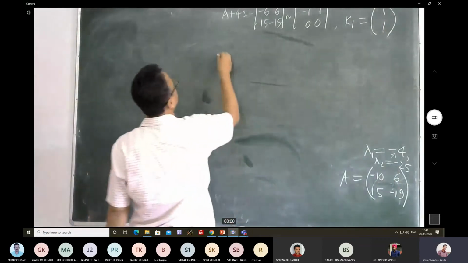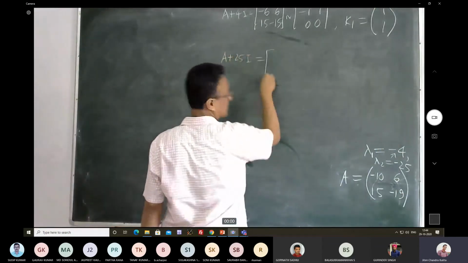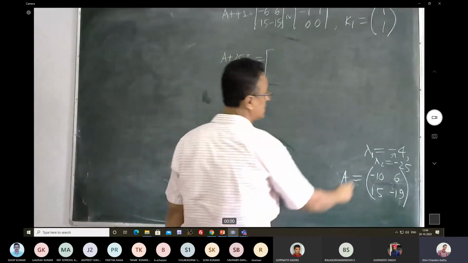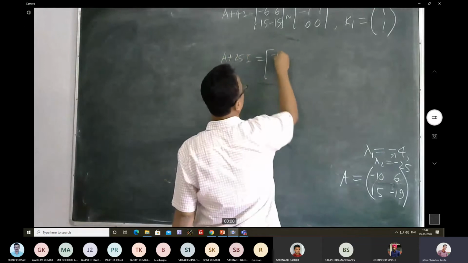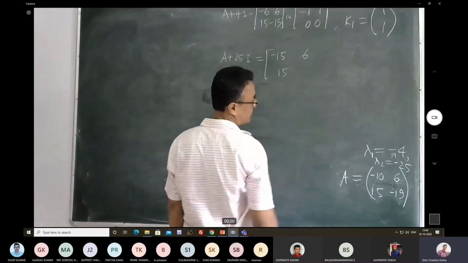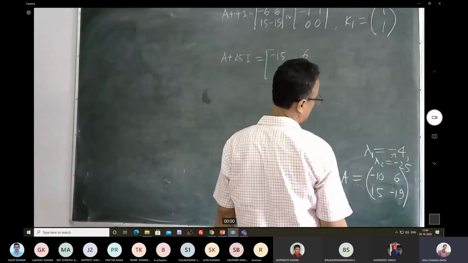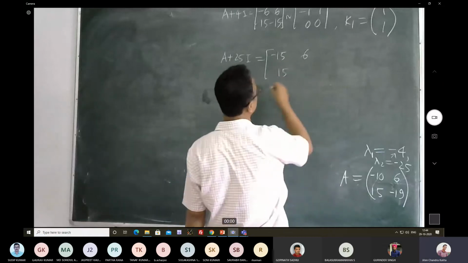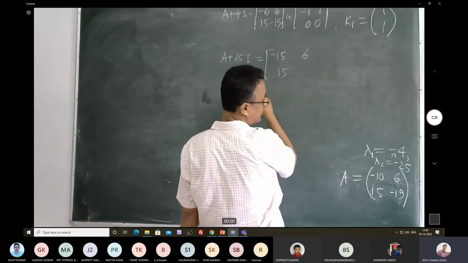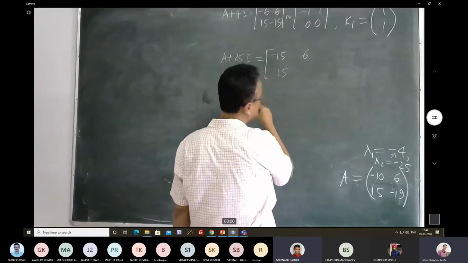Okay, and then A plus 25I. This is going to be [-15, 6; 15, -19 plus this]. This is again going to be what? It is +15, I think, first.